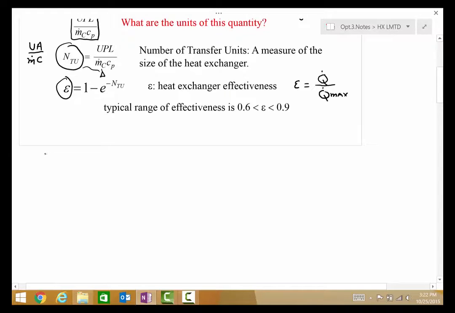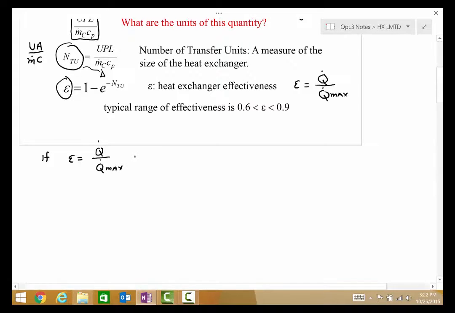So if we claim that epsilon is equal to the heat transfer rate divided by the maximum heat transfer rate, it makes us think about what we mean by the maximum heat transfer rate.